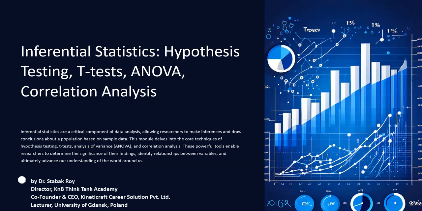This module delves into the core techniques: hypothesis testing, t-tests, analysis of variance, that's called ANOVA, and correlation. Those are powerful tools enabling researchers to determine the significance of their findings, identify the relationship between the variables, and ultimately advance our understanding of the world around us.